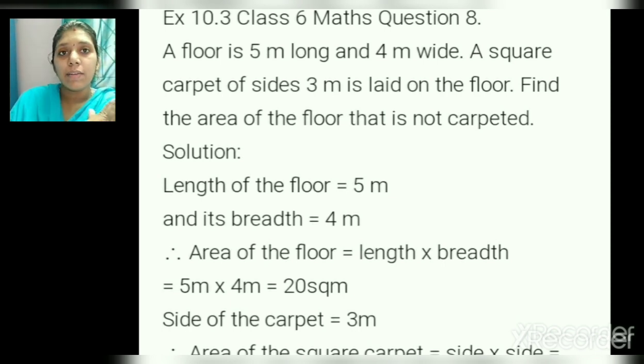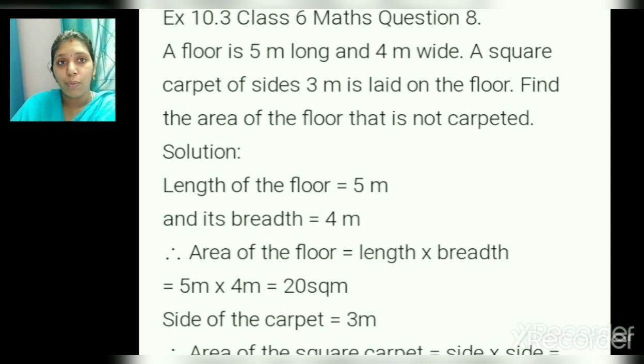So the length and the breadth or width of the floor is given. And a square carpet of side 3 meter is laid on the floor. In that floor, first a floor is there, the length and breadth of the floor is given.